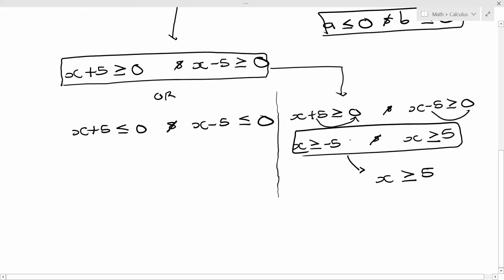Since this is an and, a value that is both greater than negative 5 and greater than 5 is automatically a number that's greater than or equal to 5. So we combine the two of them and we get this. Now let's go to this one.